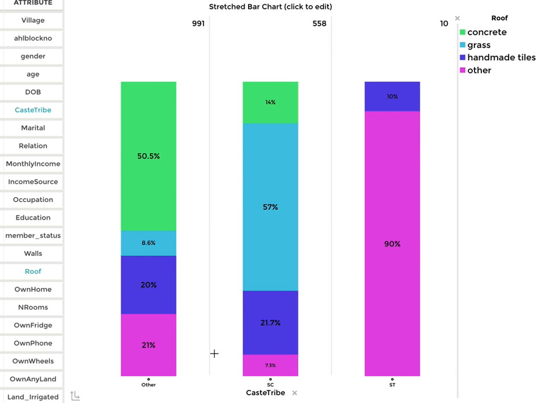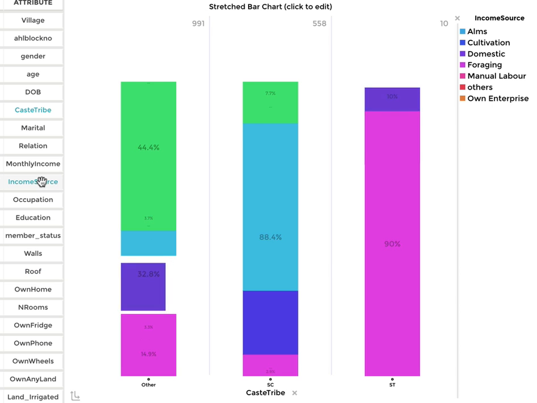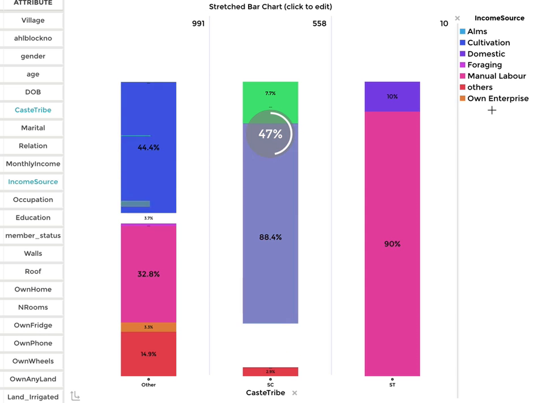Now let's look at the overall source of income. You might think that would be an occupation, but that's not a good attribute to use here because there are so many classes. Income source is more limited. So here we see there are only 7 different categories, and we can also see that only a couple of them are salient.